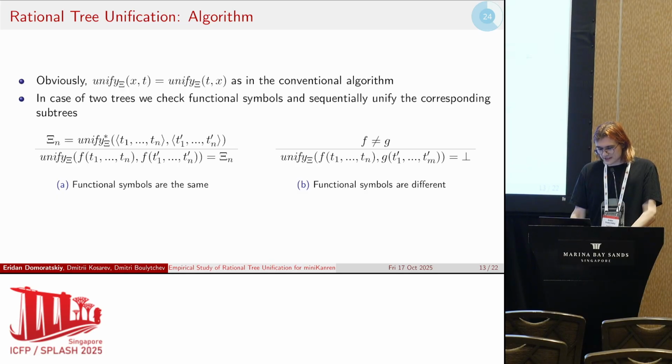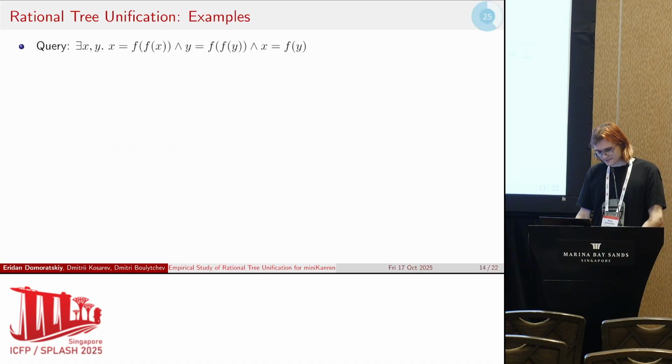Okay, and finally, we need to swap arguments if it's x and t2. And finally, like in the conventional algorithm, we forbid different functional symbols, and for the same, we just unify arguments.